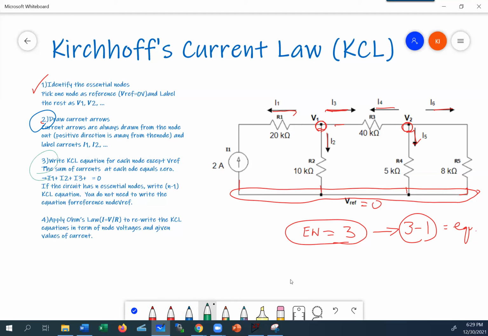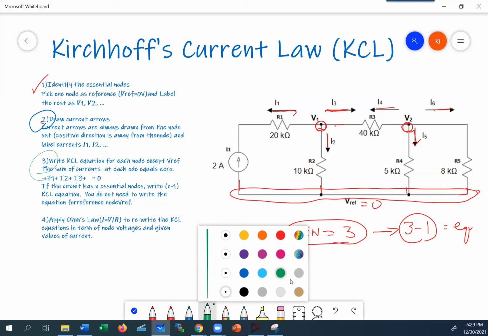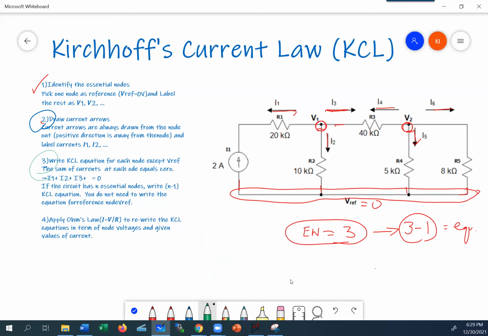In step 3, we are going to write an equation. This is the way we do it: we do a KCL equation at one of the nodes, and then we come back and do a KCL equation at the second node.